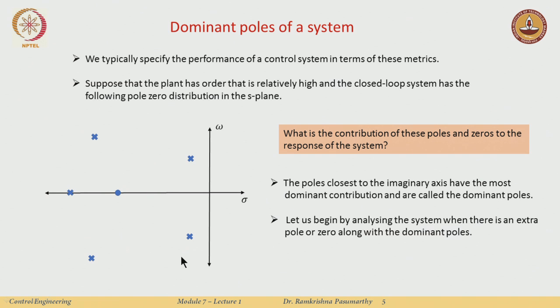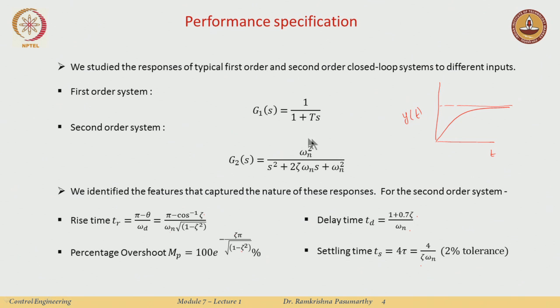Now, all these were defined only for second order systems, and typically you may say, well, not all systems we come across are second order systems. We actually saw third order systems. We also did examples where we had a system with 7 poles and so on.